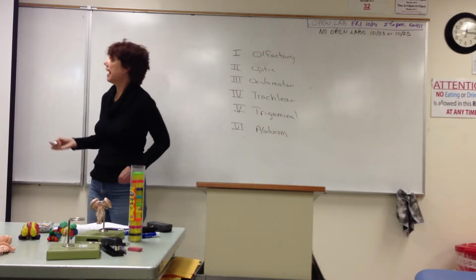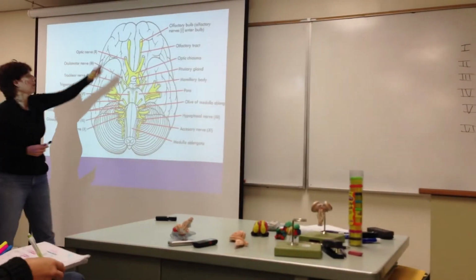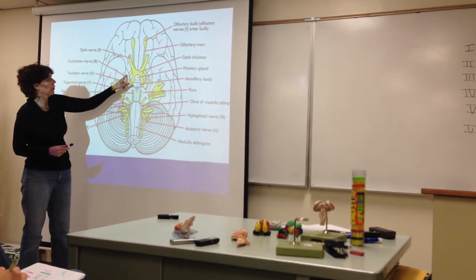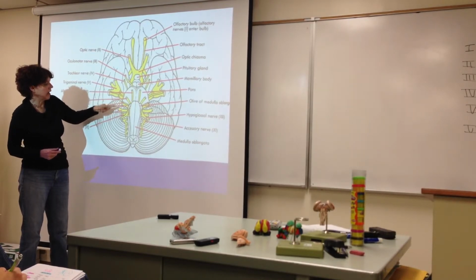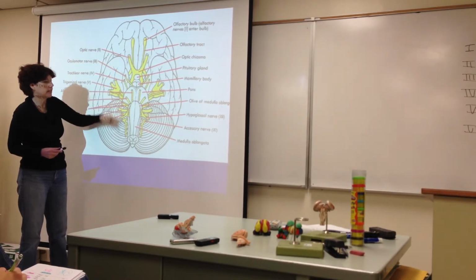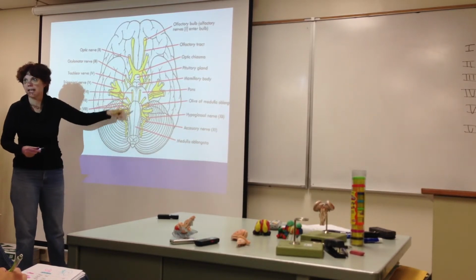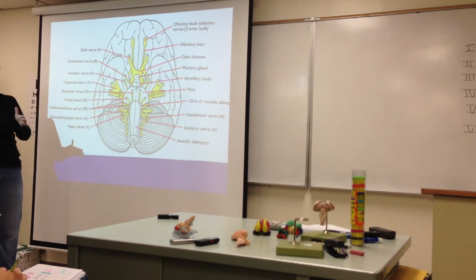So as we look at the nerves, you can learn them by number first. You can go 1, 2, 3, 4, 5, 6, 7, 8, 9, 10, 11, 12, and learn them from front to back in numerical sequence.